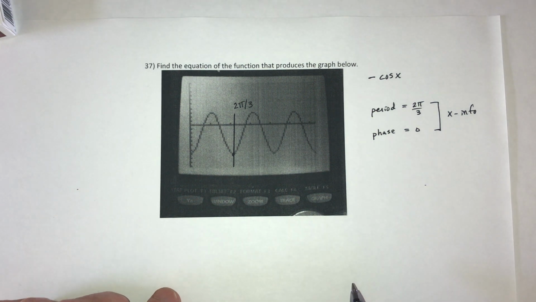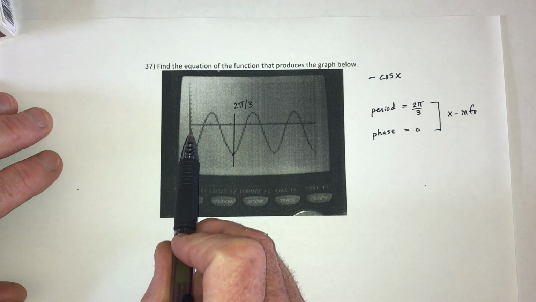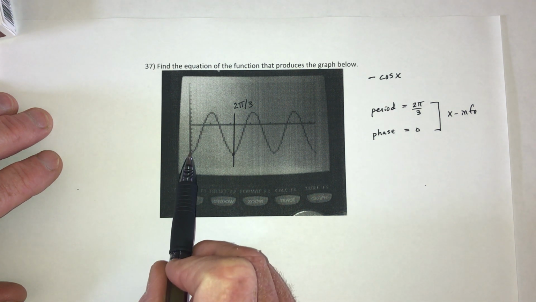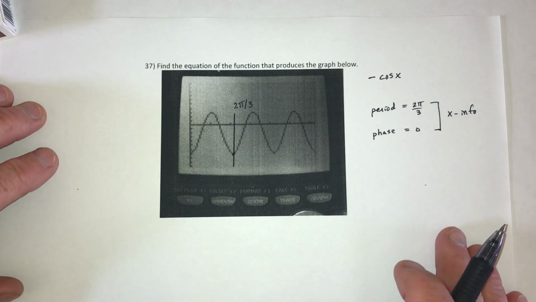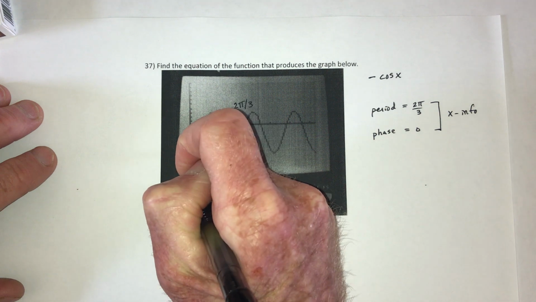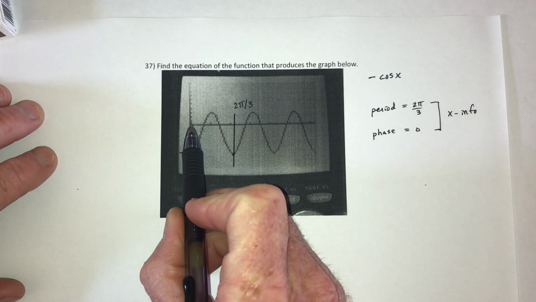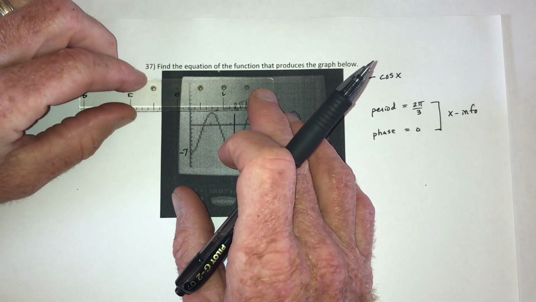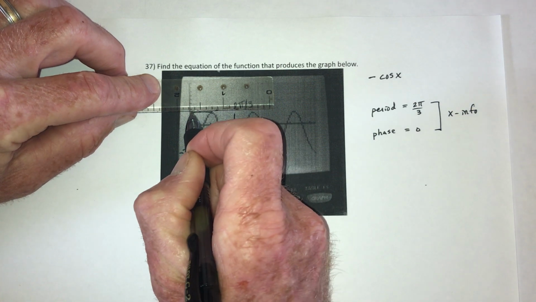That's the x information. Then for the y information, let's see, this is negative 1, 2, 3, 4, 5, 6, 7. So it's going from negative 7 at the bottom, and then this is going over to right here.